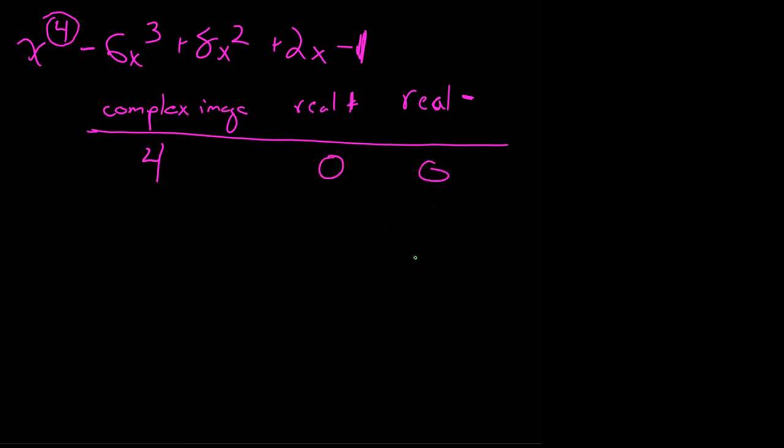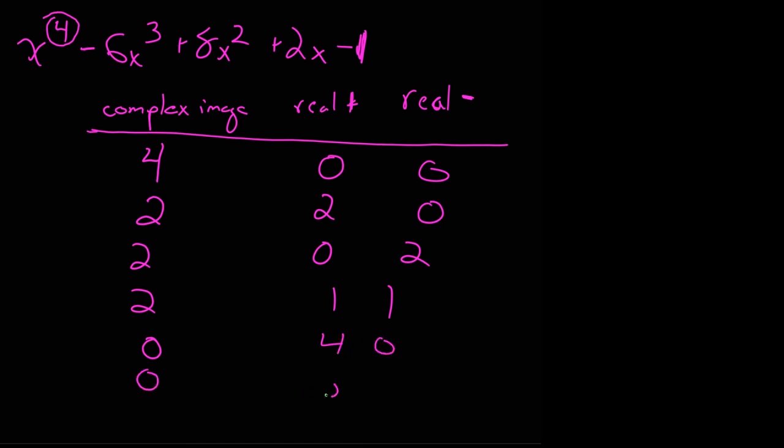Right? I could have 2 imaginary, 2 real positive, 0 real negative; 2 imaginary, 0, 2; 2, 1, 1, right? Everything adds up to 4. And let's see, that's 0, 4, 0, 0, 0, 4, and so on.